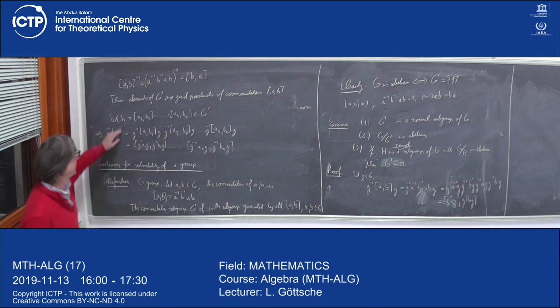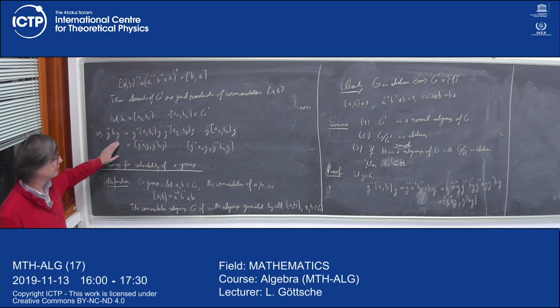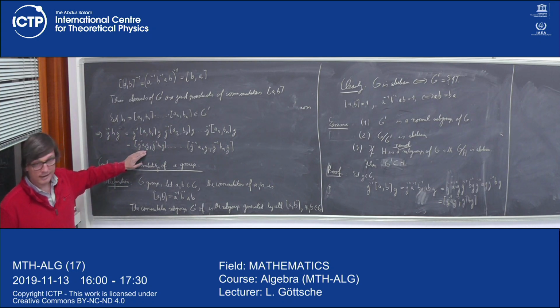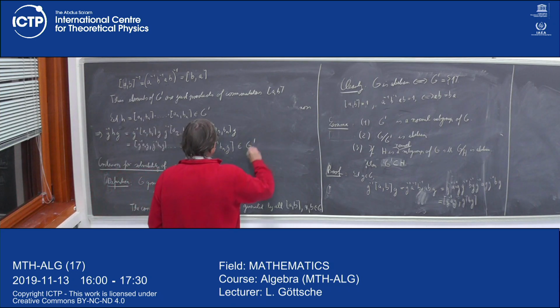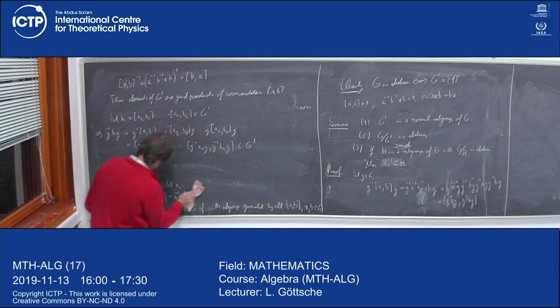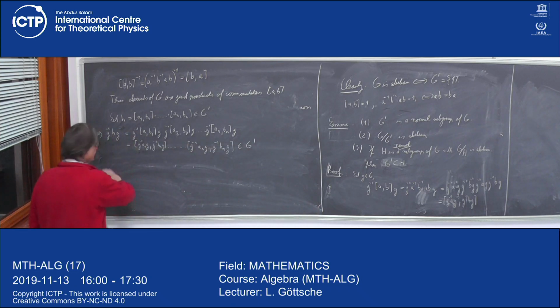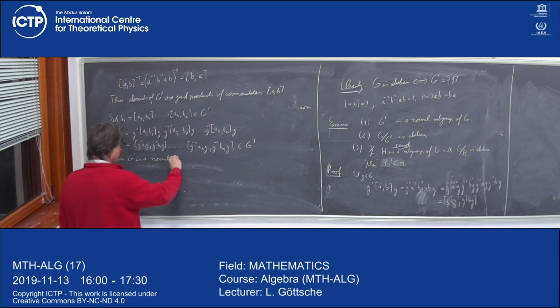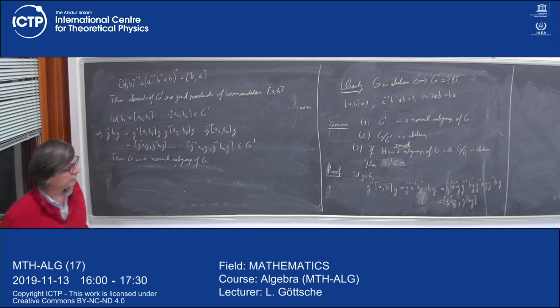So if I take an arbitrary element of the commutator subgroup and I conjugate it with an arbitrary element of G, I get again an element of the commutator subgroup. So it follows that the commutator subgroup is indeed a normal subgroup. So this was the first.